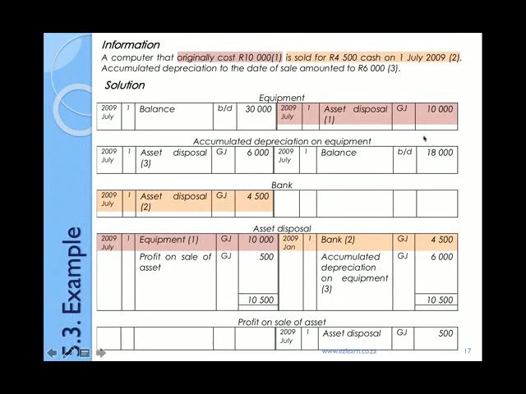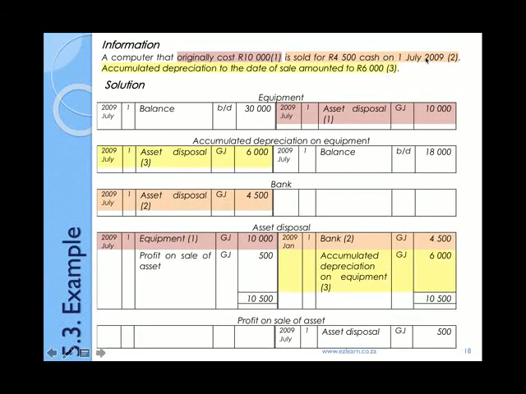The second piece of information you need to use is the date of the sale, in this case, the 1st of July. We are then told that the accumulated depreciation to this date amounted to 6,000 Rand. Again, that 6,000 Rand would have been included in the balance brought down in accumulated depreciation on equipment. However, we only need to remove the 6,000 Rand that relates to the asset that was sold.